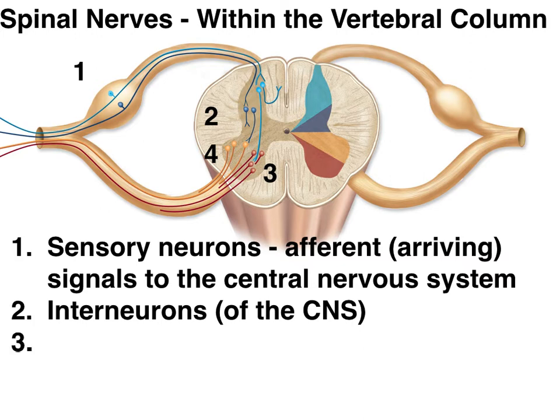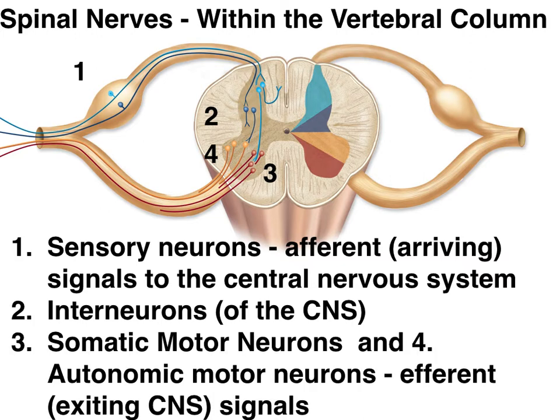Number 3 being somatic motor neurons, if it is a response that is controlling skeletal muscle. And number 4, an autonomic motor neuron, if it is controlling smooth muscle, a gland, or some sort of other tissue.